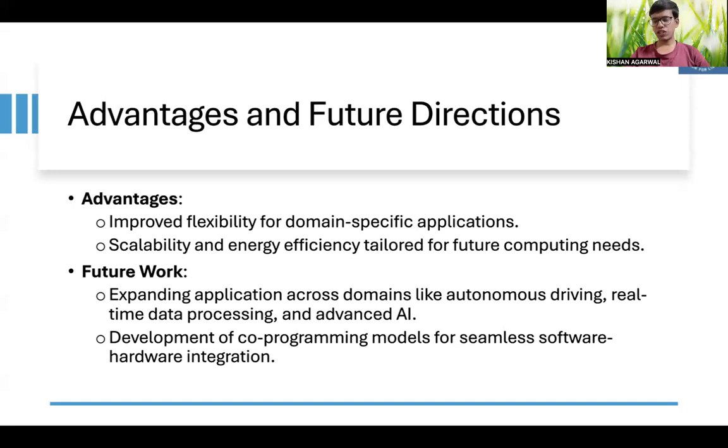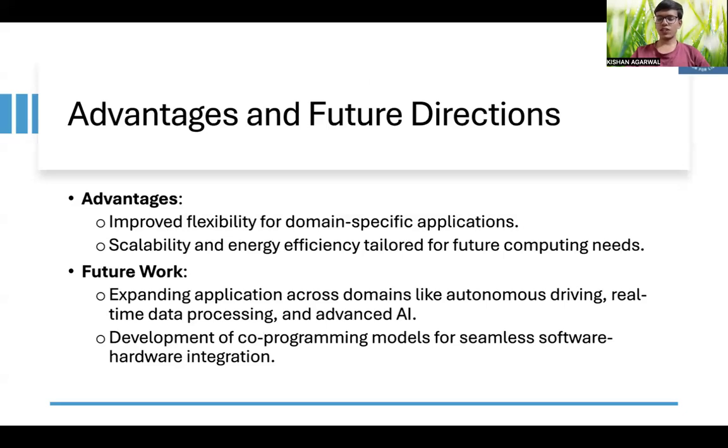Scalability and energy efficiency tailored for future computing needs. As we are seeing the exponential growth of data in these domains, energy efficiency is a very important task that will be achieved by the third, that is data flow, in which we are using parallelism, and also transmission, that is global and local communication, which we are using.